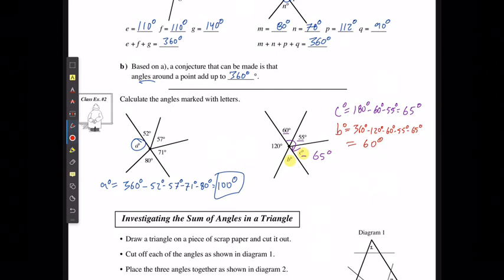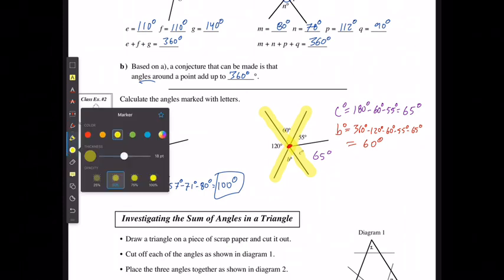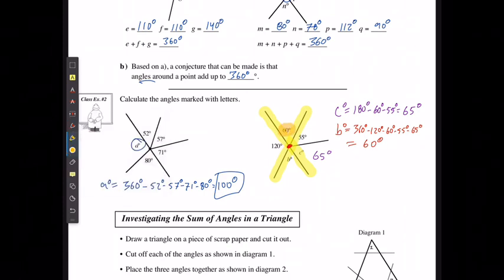We can also see for B that if this is a straight line and this is a straight line, then the center point is going to be my vertex, and the 60 and B are vertically opposite, which is the reason why they are going to be equal.